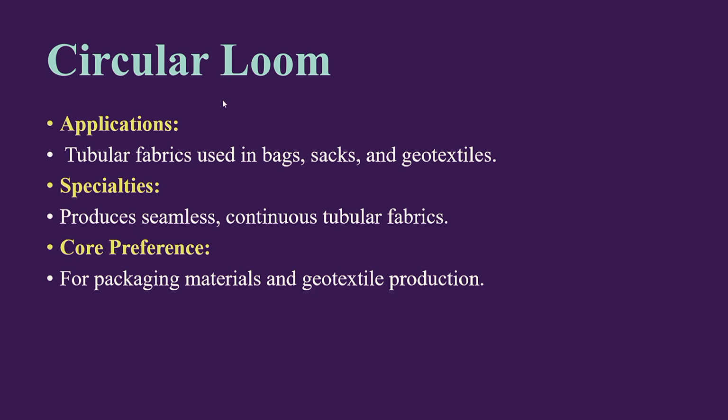Circular loom applications: tubular fabrics used in bags, sacks, and geotextiles, as we have discussed in previous slides. Specialty is that it produces seamless, continuous tubular fabrics. Core preference for packaging material and geotextiles.